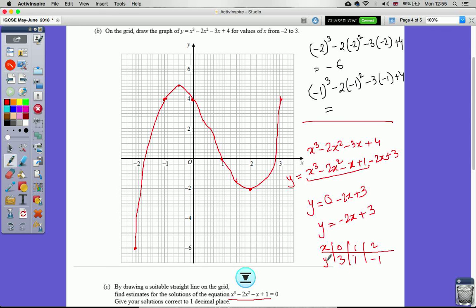So I've got the 3 dots. So 0, 3, that's 1 point. 1, 1 is that point. And 2 and negative 1 is that point. Sorry, it's a bit higher.